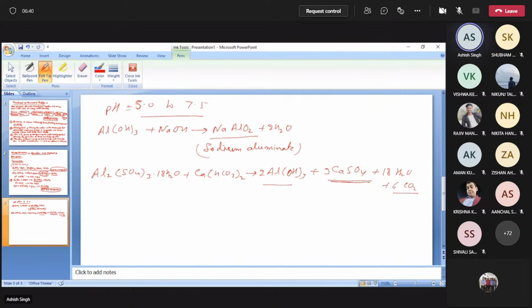Suppose the alkalinity is low, then calcium hydroxide is used.